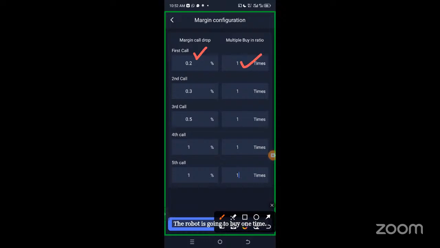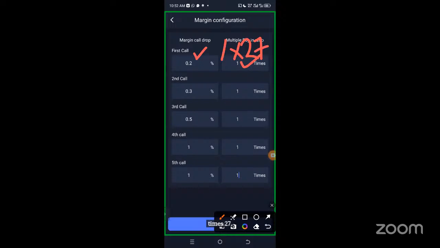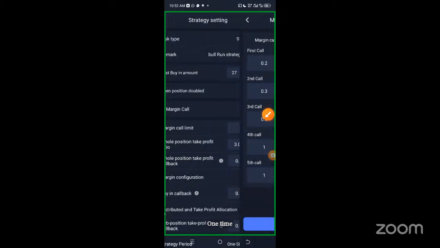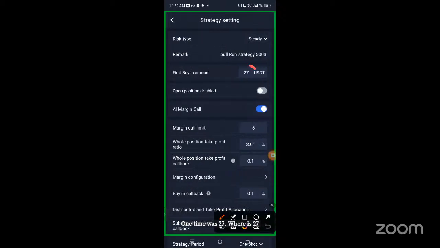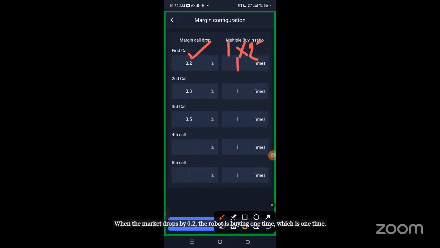But remember, it is multiplying as it buys, meaning it is going to be 1 times 27. Where is 27 coming from? It is the first buy in amount.